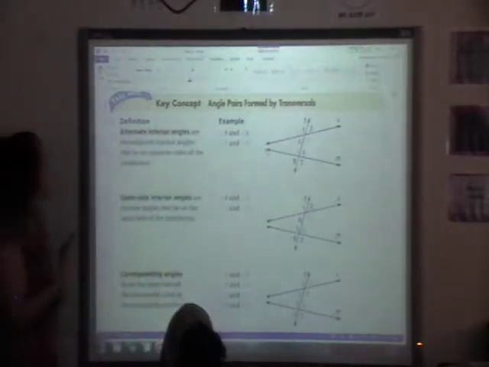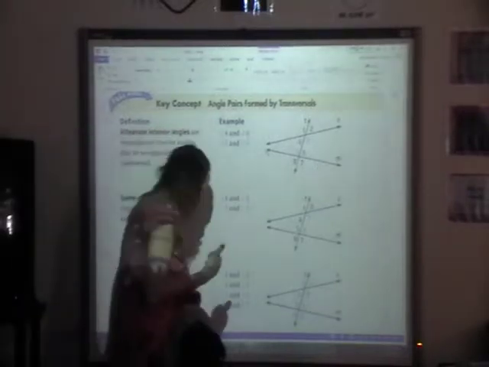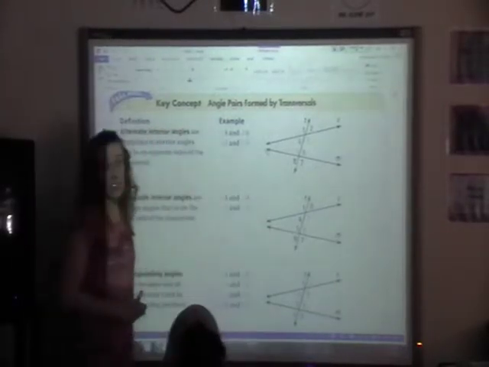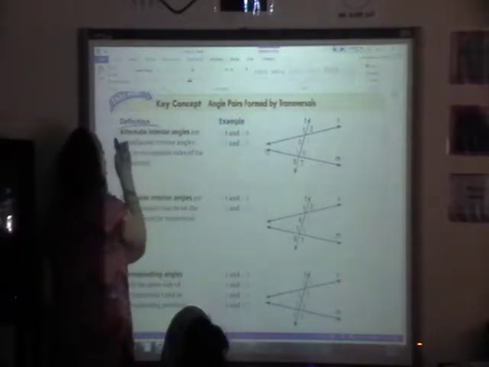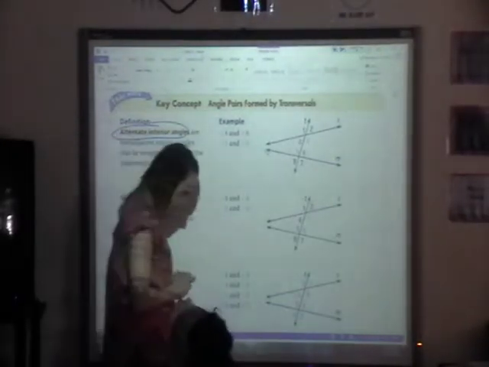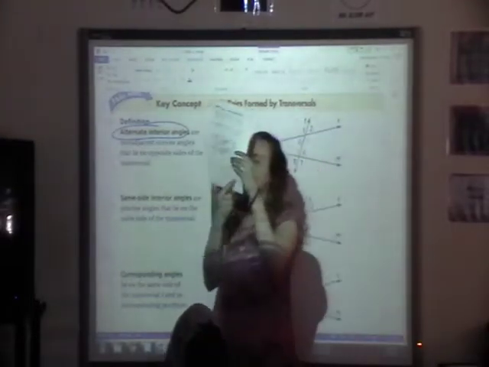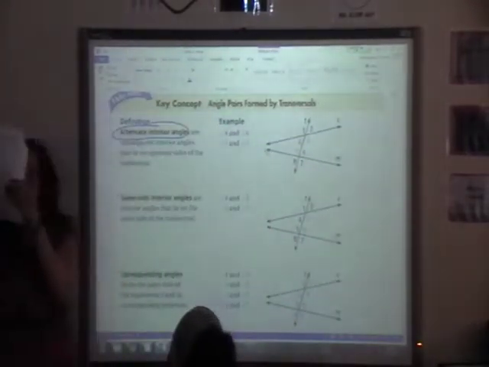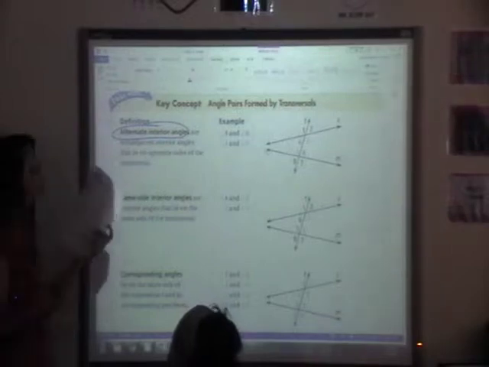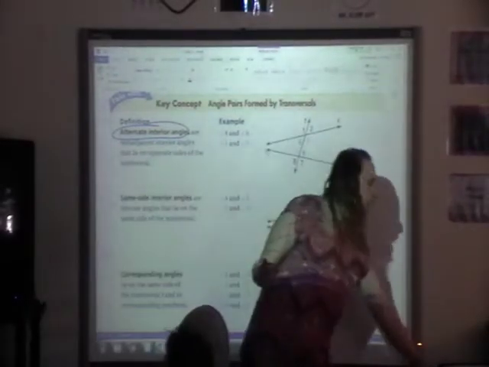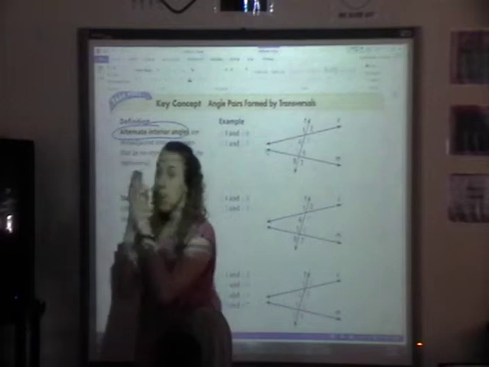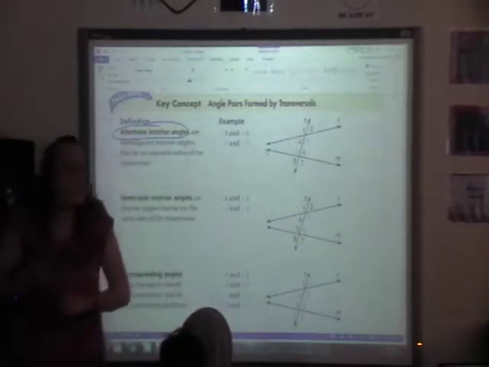One of the relationships that we have, and I suggest that you underline this, our first relationship is alternate interior angles. If you look at the bottom of your notes, it explains what's interior and exterior.